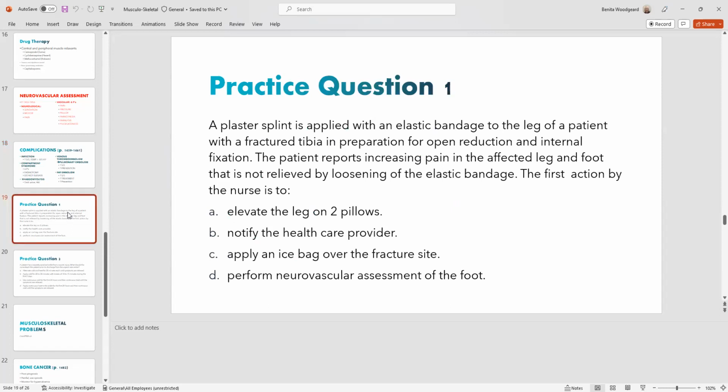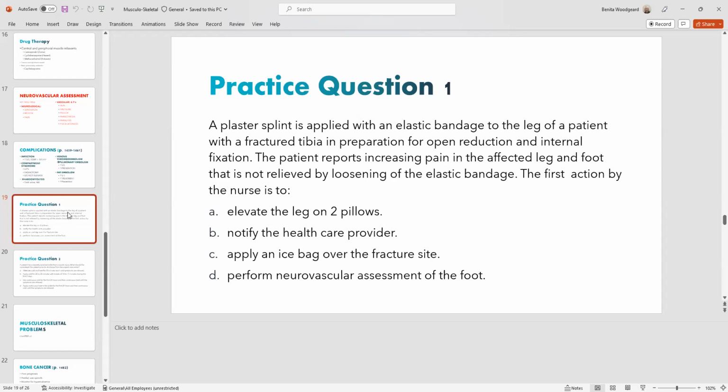Plaster splint is applied with an elastic bandage to the leg of a patient with a fractured tibia in preparation for open reduction and internal fixation. So I always stop right there at that period and get that picture of that patient in my mind and realize that is my patient. I am the nurse of this patient. Okay, so they've got it immobilized with some kind of splint and they wrapped it up and we're waiting for surgery.